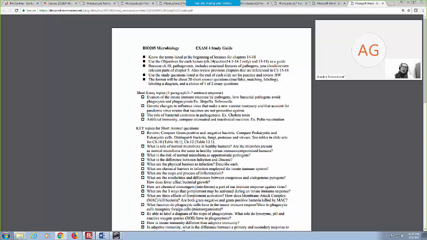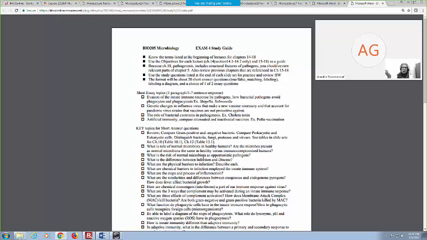So a lot of the study guide is asking you to learn about pathogenesis and the immune response and this balance between the pathogen and its focus on reproducing and surviving in the host long enough to reproduce, and then our own immune response to the pathogen, which is focused on clearing that pathogen from our body.